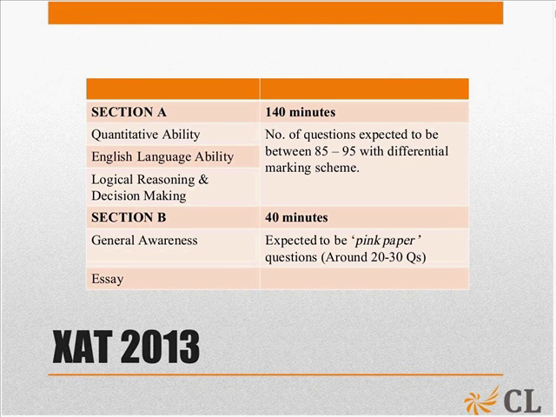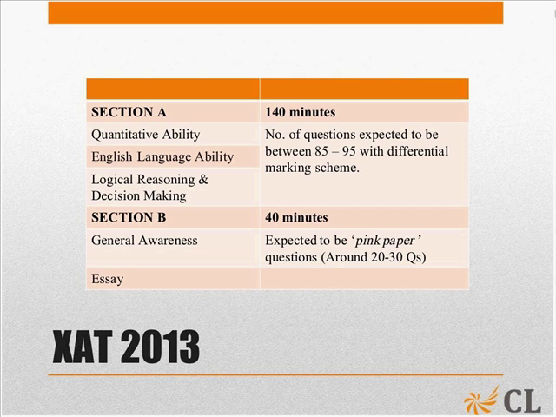The difference between XAT 2012 and 13 is this: in XAT 2012, last year, the first section was 120 minutes. So here you have 20 minutes more. So that's section A. And then you have the second section, which is for 40 minutes, where there will be general awareness questions, and there will be an essay. That general awareness is a new addition.